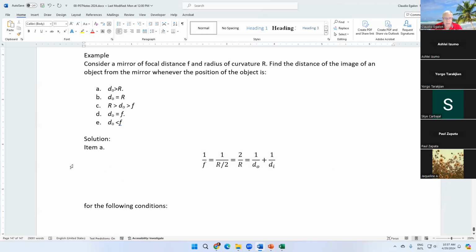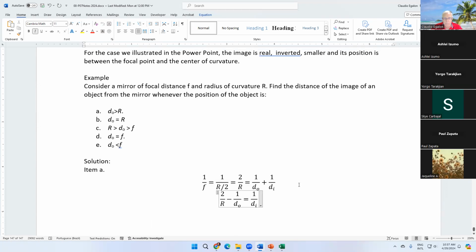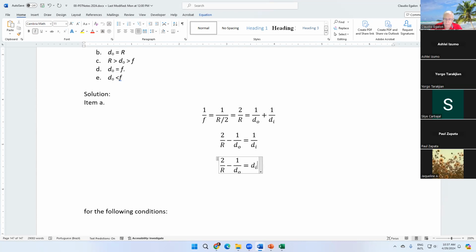Okay, so here we go. We work the details of this equation right here. And what I do, I'm going to pass the d_o to the other side. Okay? And then we have to invert this equation here to find out what d_i is going to be, right?